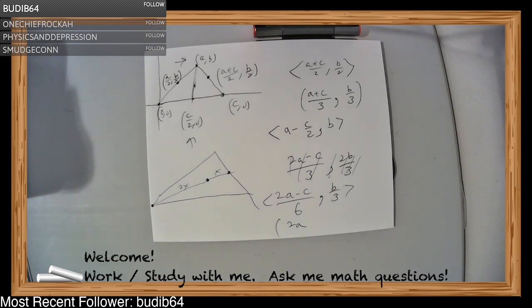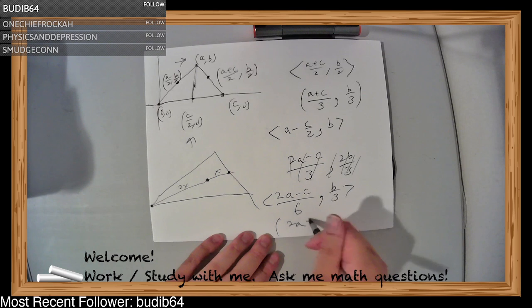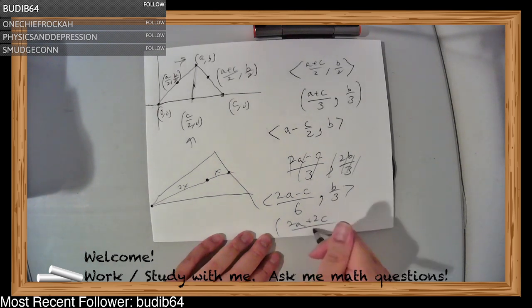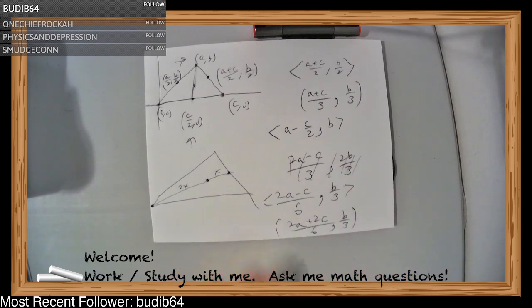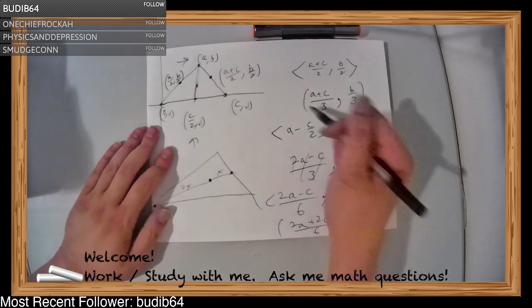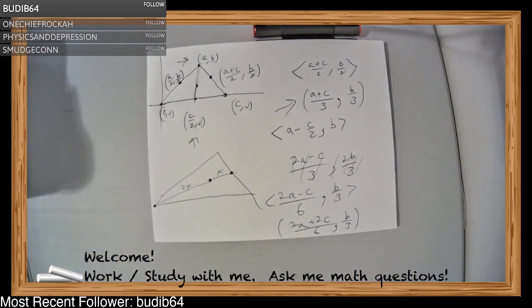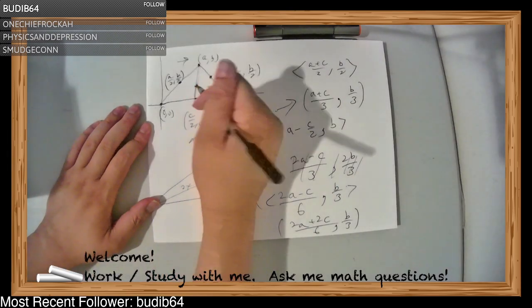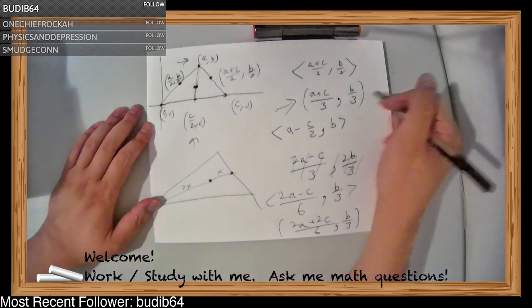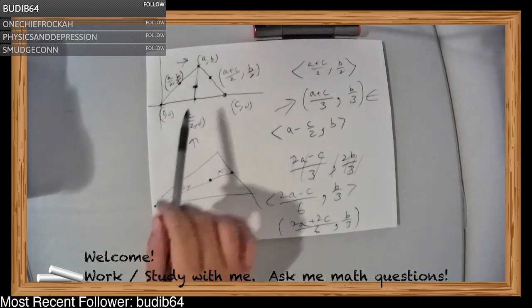That's 3c over 6, so this is (2a plus 3c) over 6, b over 3. This is the point that we want. Is it the same as this point? In fact, it is.